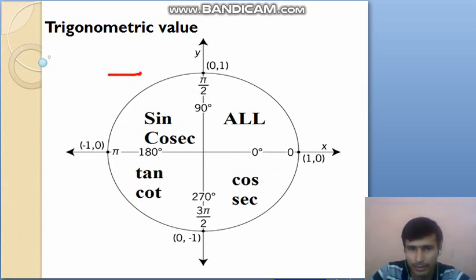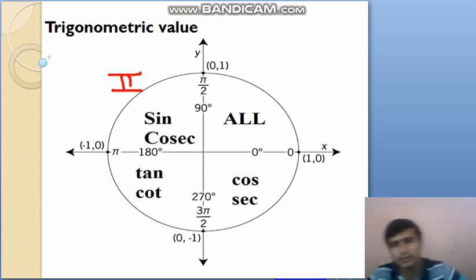In the second quadrant, the angle between 90 to 180, the sine function and cosec function are positive, while other functions are negative, right?